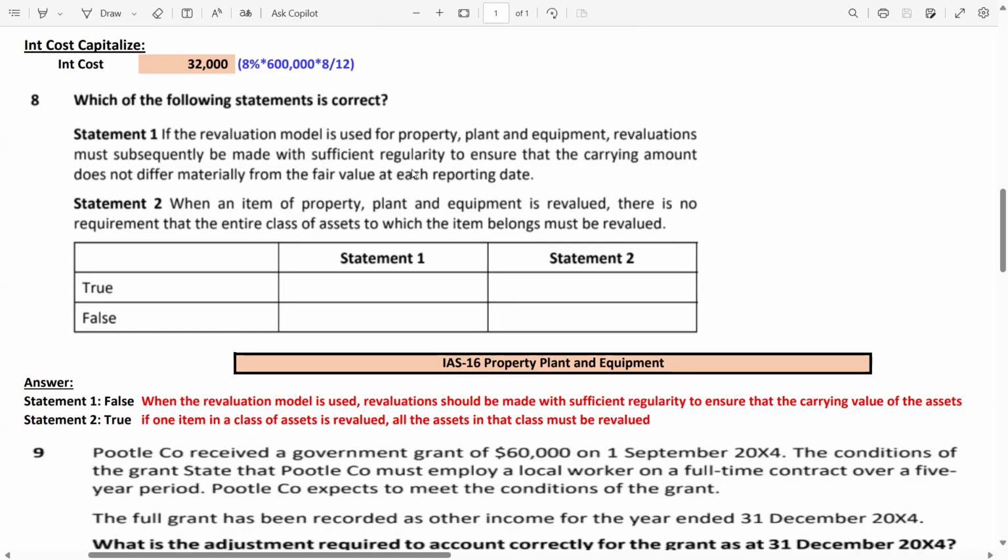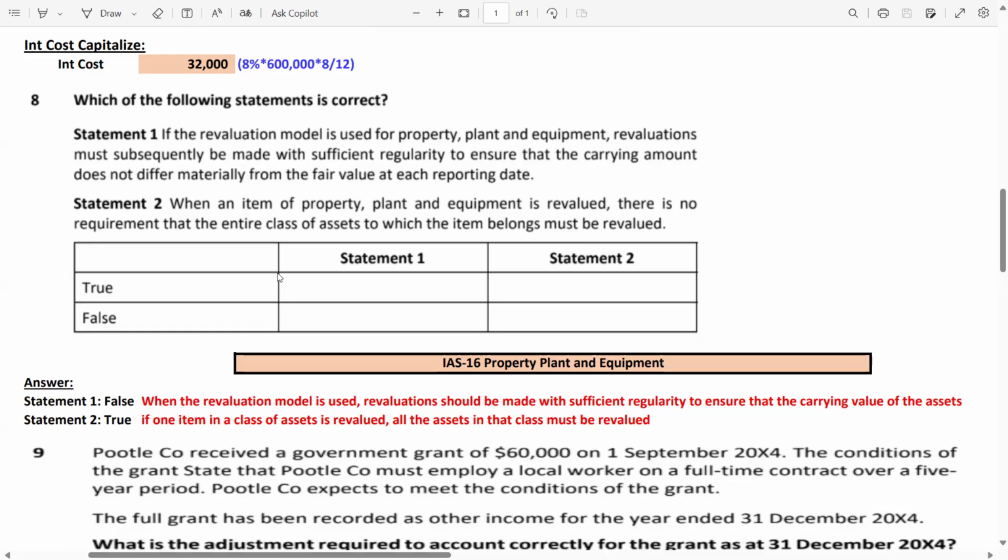If you remember, when we calculate the revaluation gain or loss, we compare the fair value and the carrying amount. So this is incorrect. It should be like that to ensure that the carrying amount does differ. It is written does not differ, so it is incorrect. So you have to write it in the false column.